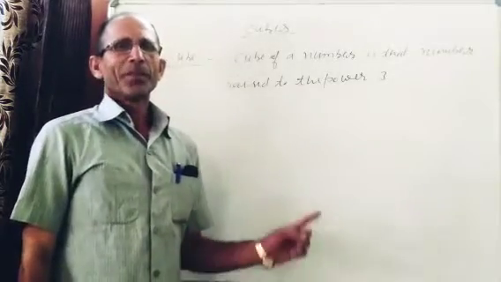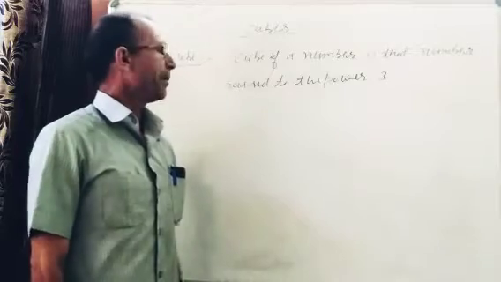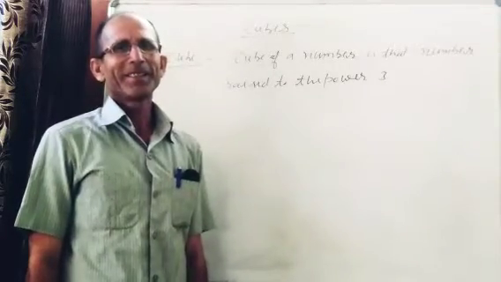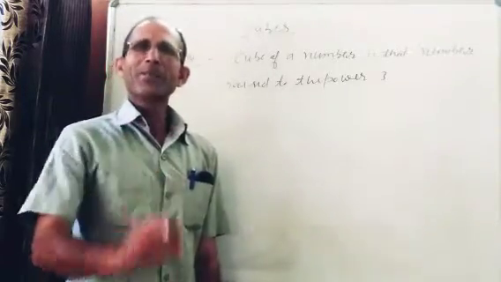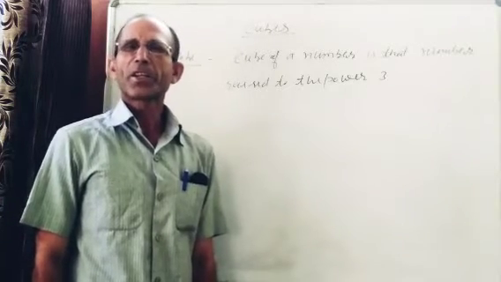Clear? What is cube? Cube of a number is that number raised to the power 3. If a number is multiplied 3 times, the result will be cube.